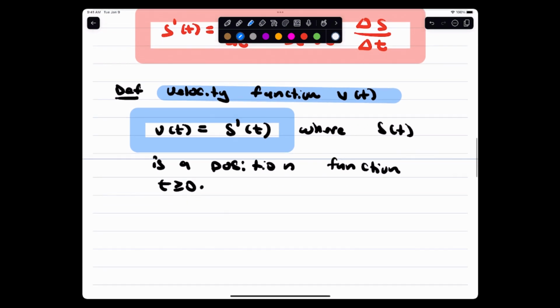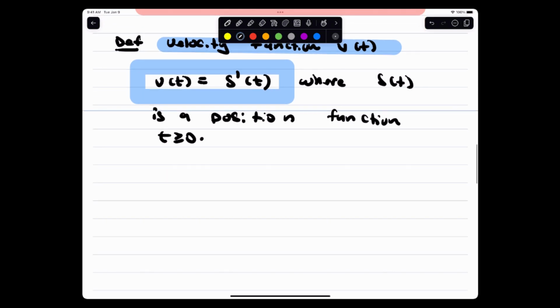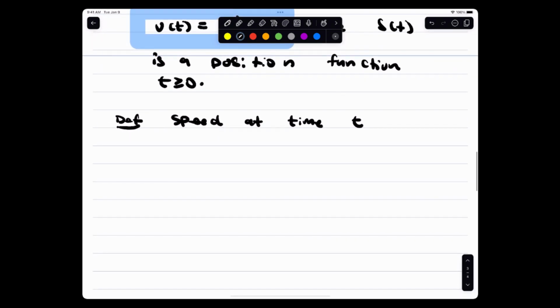Okay, now you might ask, why did I change the language from speed to velocity? Because, ladies and gentlemen, I'm giving you more definitions. Speed at time t is defined to be the absolute value of the velocity function at t.